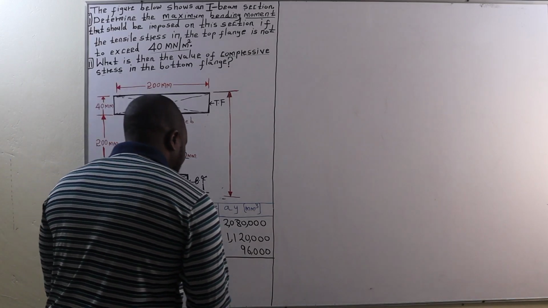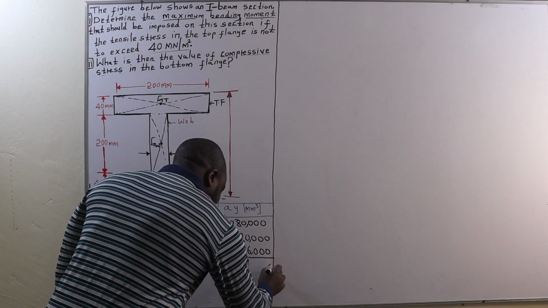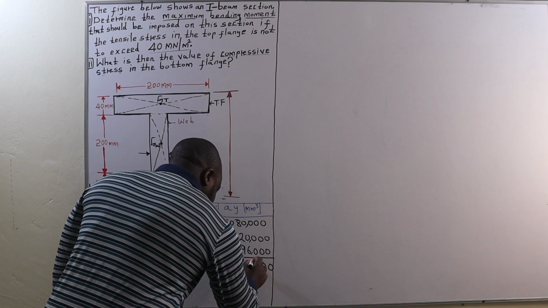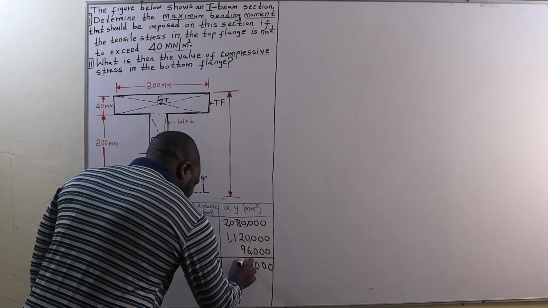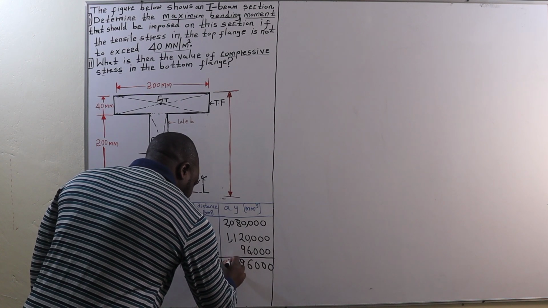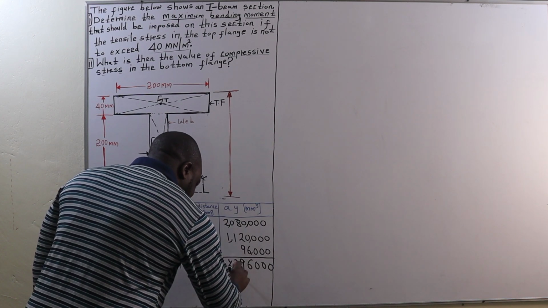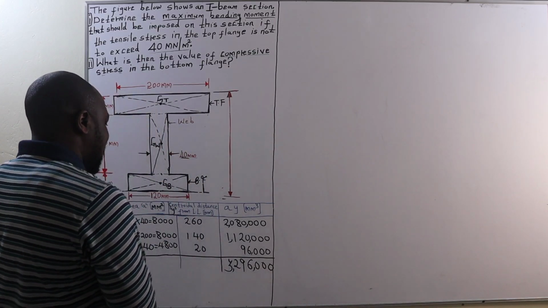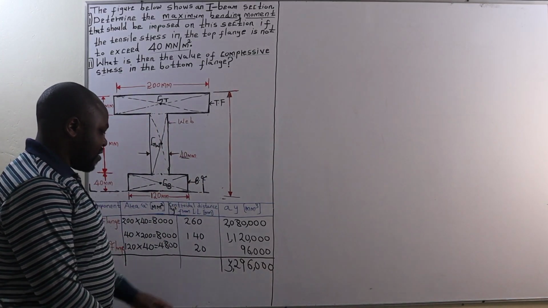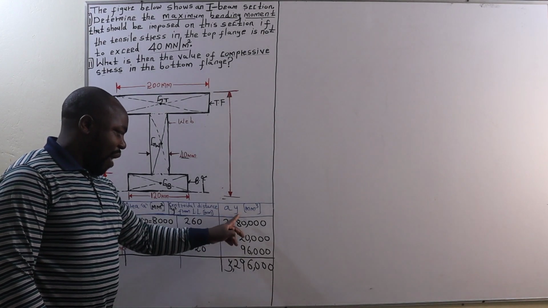So, when we add, we are going to have 3,296,000. So that is the summation of AY.